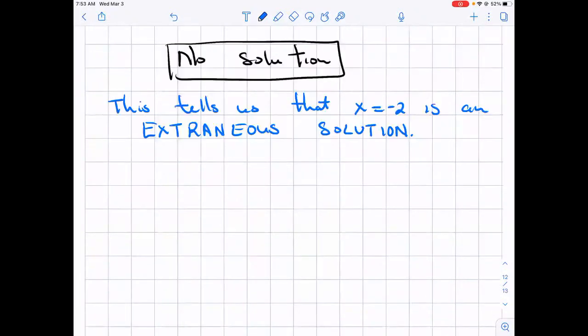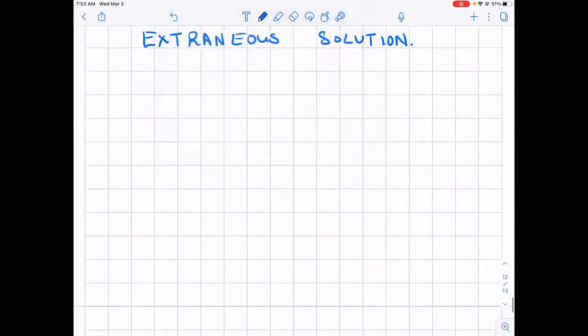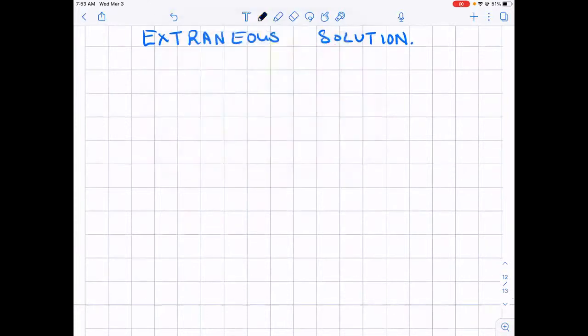So now let's look at some different types of equation, okay? And we'll look at quadratic equations, quadratics. Now remember, what a quadratic is, right?